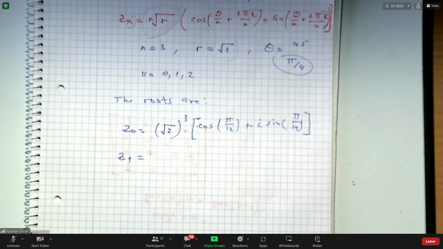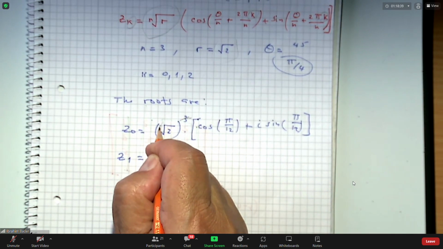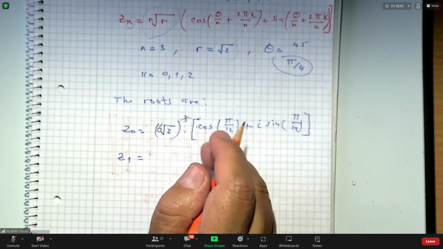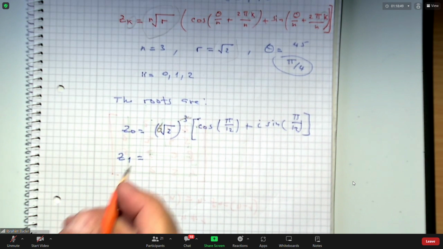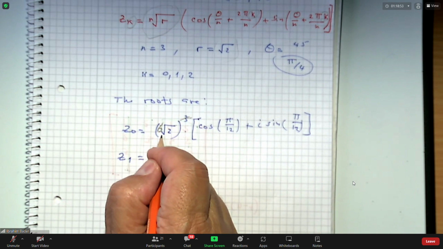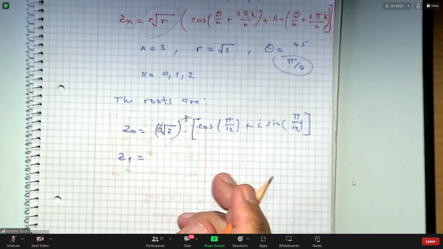Okay, yeah, this 3 is here. So yeah, thank you. Or 6 it's here actually, right? So you're right, the 6th root now. I have the 6th root of 2, okay? Or if you like, I have the square root of 2 to the power 1/3. It's the same, okay?